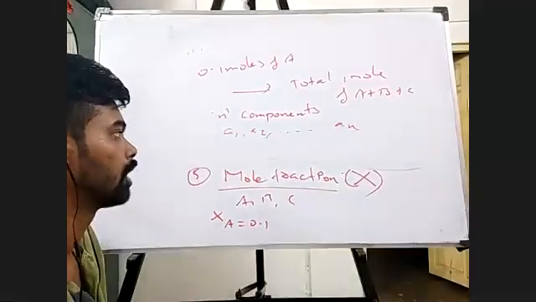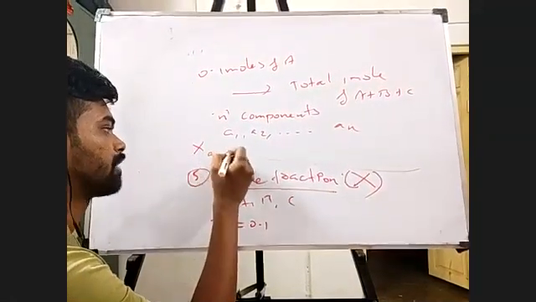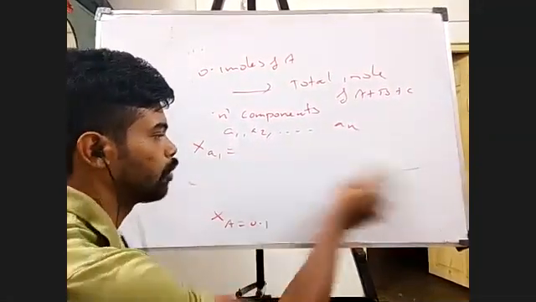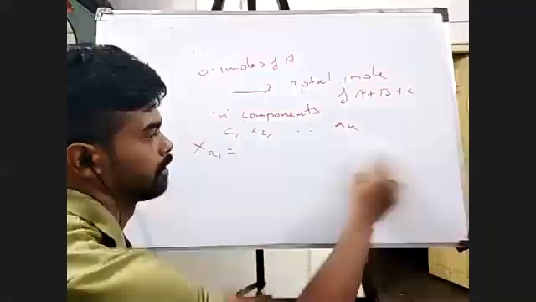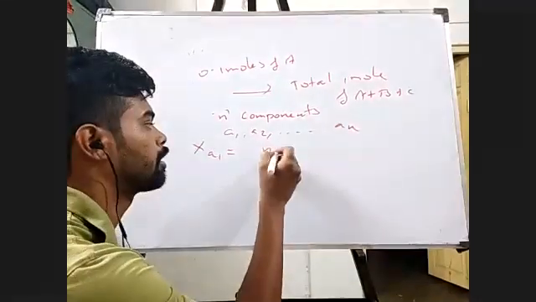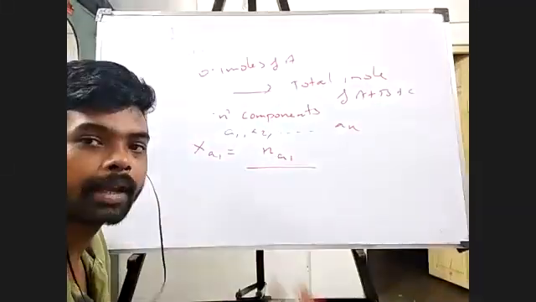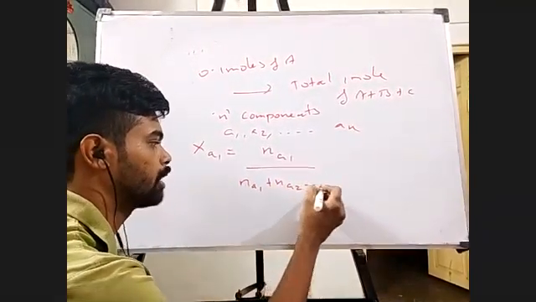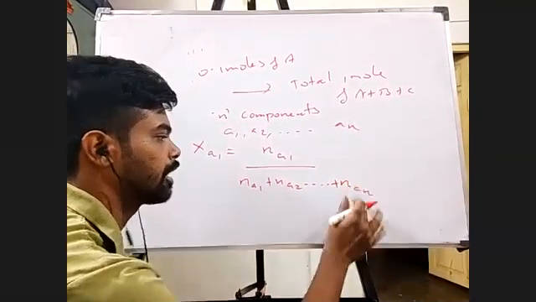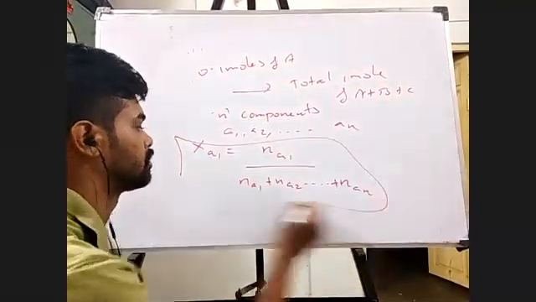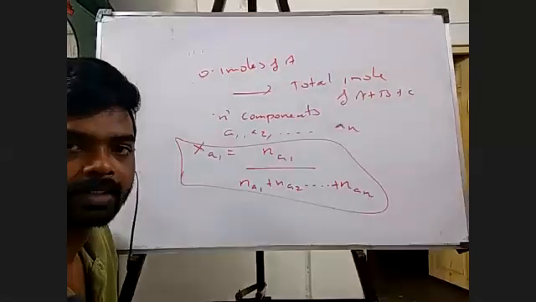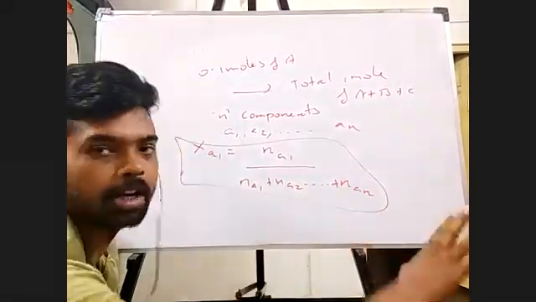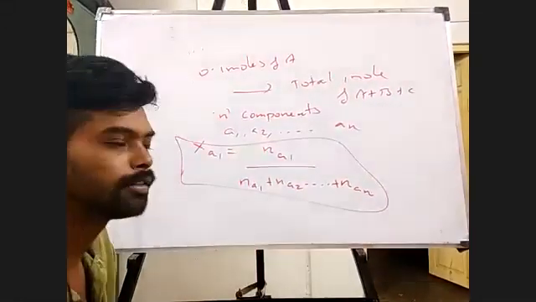If I want to know the mole fraction of A1, it is equal to the number of moles of A1 divided by the total number of moles, that is, number of moles of A1 plus number of moles of A2, plus A3, plus lastly number of moles of An. This is the formula for mole fraction: the number of moles of the required component divided by the total number of moles.